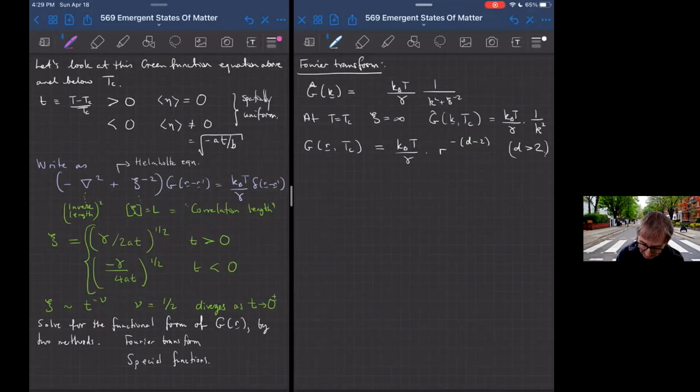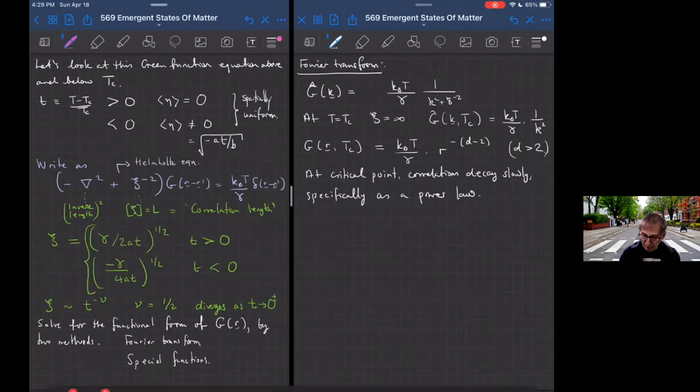So what we've learned from this is that at the critical point, correlations decay slowly, in fact specifically as a power law. And that's probably something that you already know.